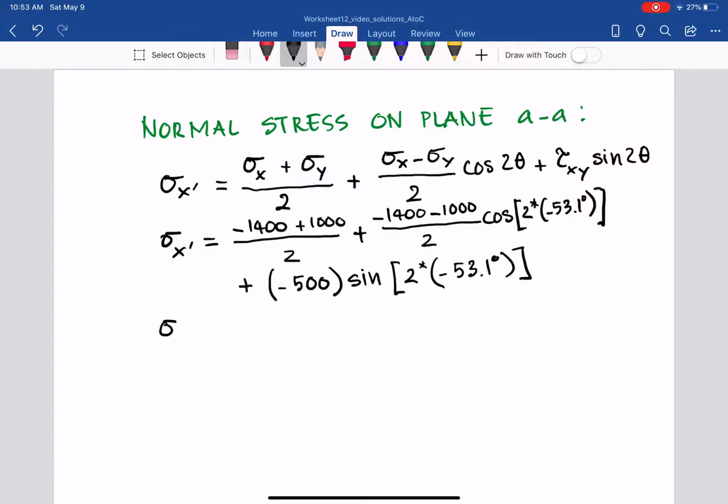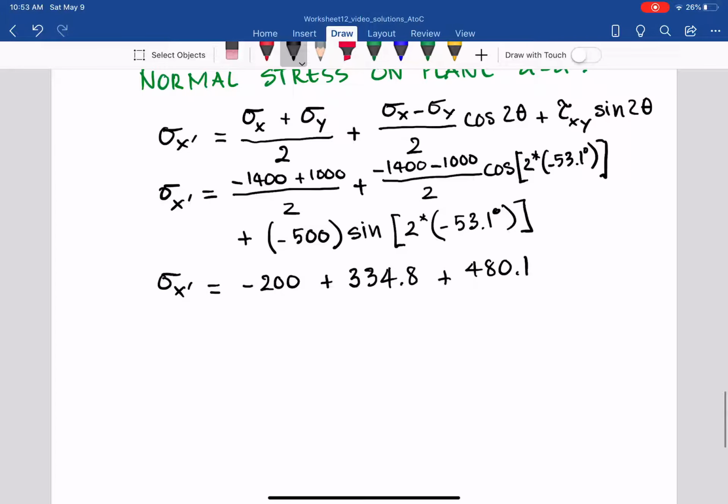You can find sigma x apostrophe equal to the first component, negative 200 psi, and the second component equal to, with that cosine negative, it becomes positive 334.8, and then the third term will be equal to 480.1.